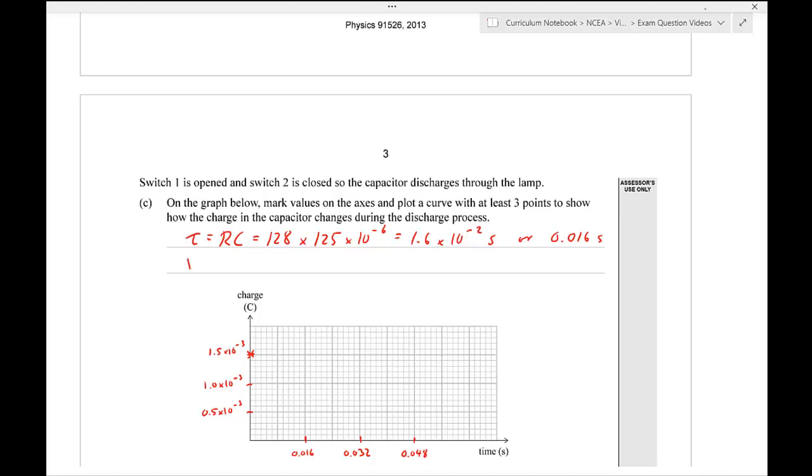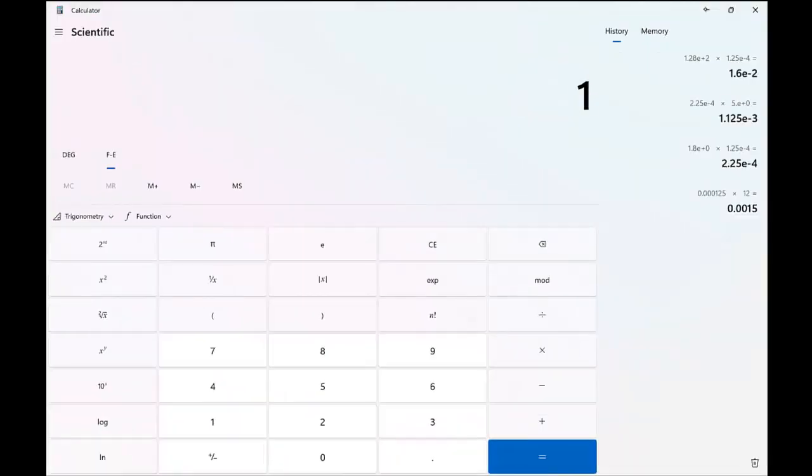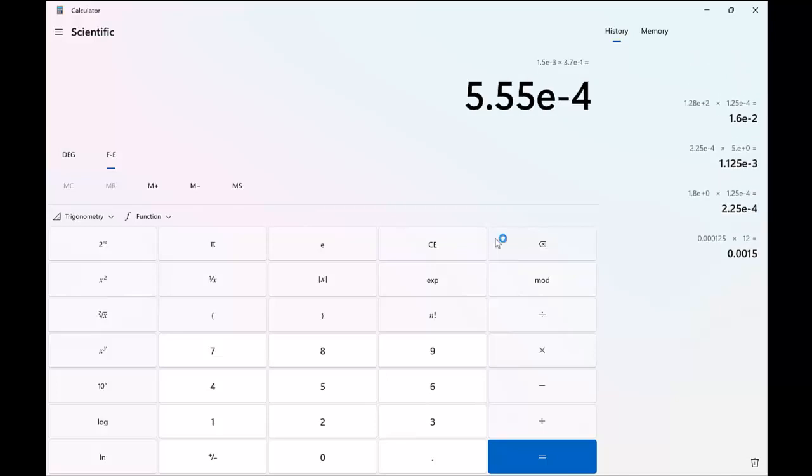So Q at 1 time constant is equal to 0.37 times 1.5 times 10 to the minus 3, which is 5.55 times 10 to the minus 4.